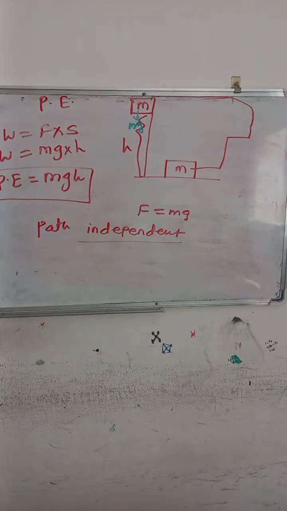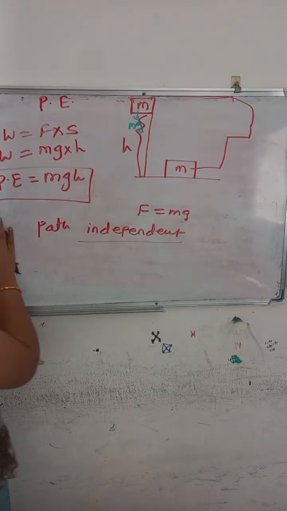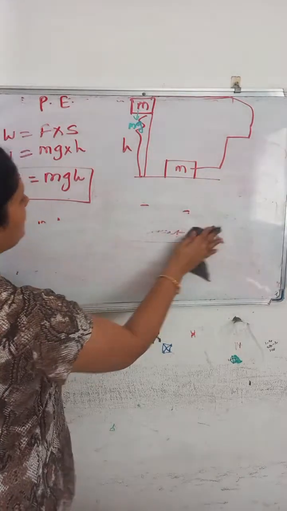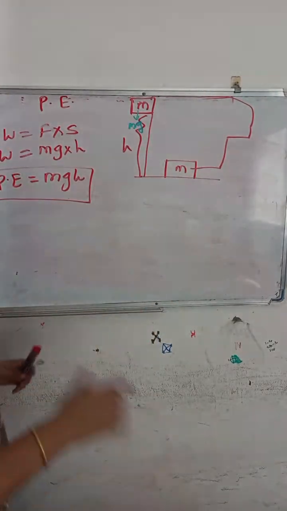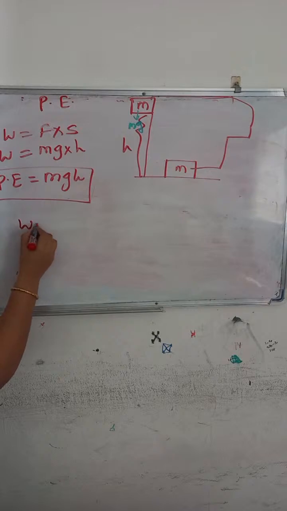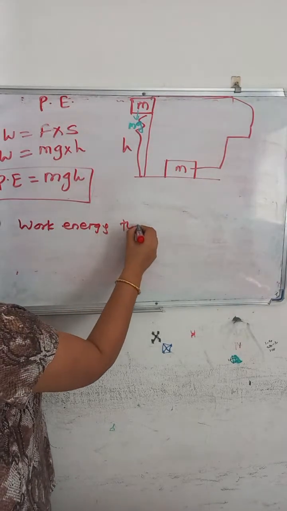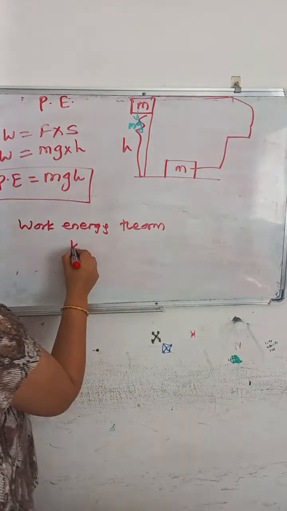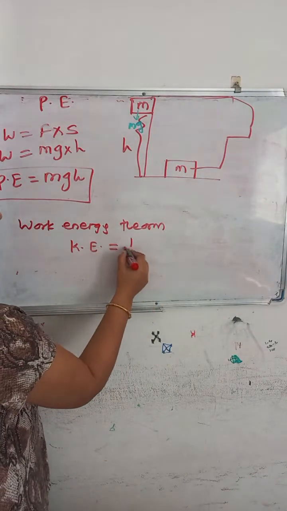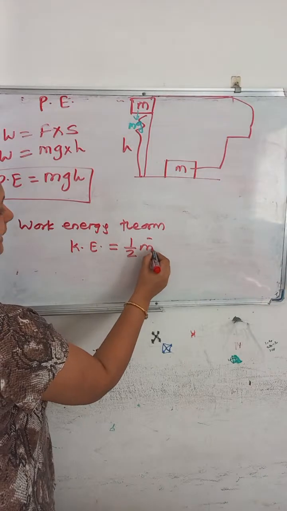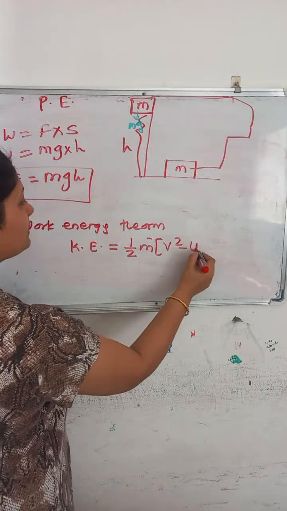Once we are done, suppose initially the body is moving with a certain velocity, and it comes to some final velocity. Then in that case we can write the work energy theorem. According to the work energy theorem, we can say that the net kinetic energy is half m, v square minus u square.